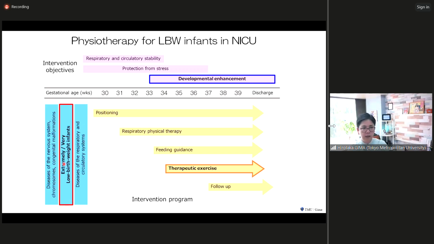There are three main objectives of the intervention. First one, respiratory and circulatory stability. Second one, protection from stress. And I think this third one is very important, which is to support their development.